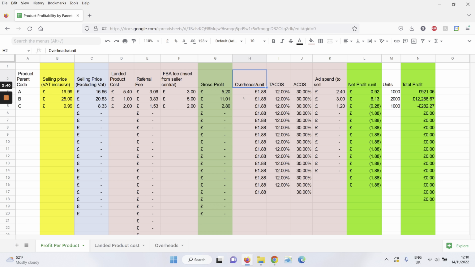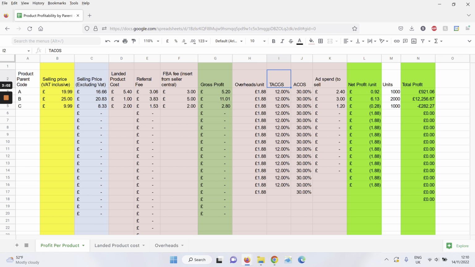You need to work that out, because that is a fixed business expense, and you should divide that by the number of units you sell in a year, and then you will get your overheads. We're going to go into detail on this in just a couple of minutes.